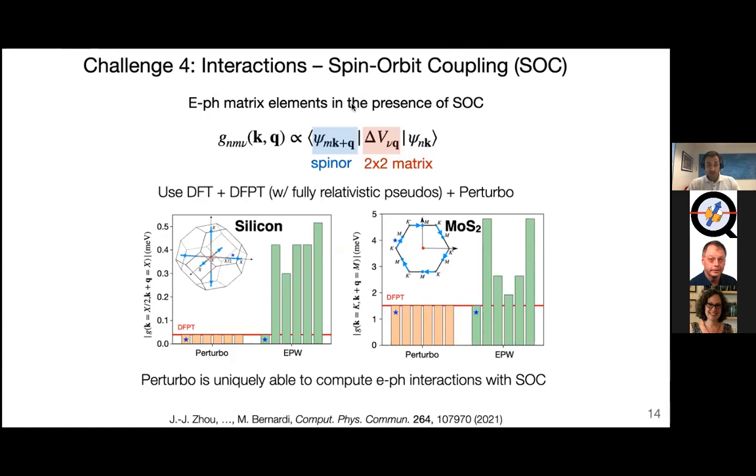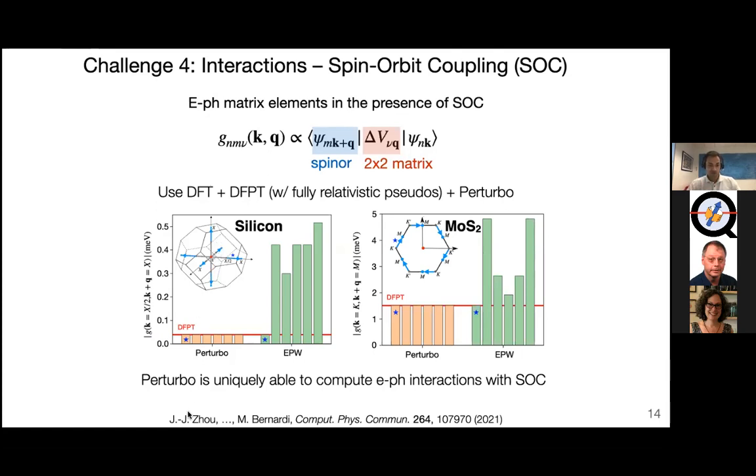Now, this spin-orbit coupling can already be included in the electron-phonon coupling matrix elements within density functional theory. The challenge, however, is that these calculations with spin-orbit coupling, because they're typically expensive, are usually done only in a small portion of the Brillouin zone. And then the matrix elements need to be rotated to the rest of the Brillouin zone.